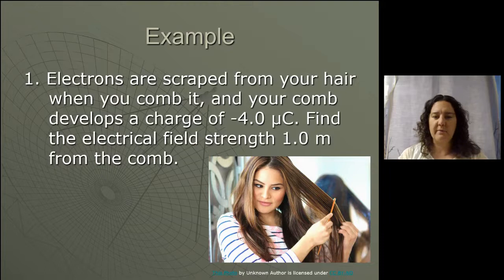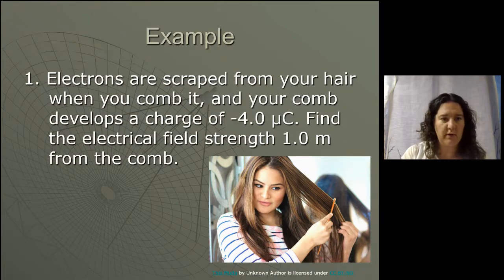So electrons are scraped from your hair when you comb it, and your comb develops a charge of -4 microcoulombs. Find the electric field strength 1 meter from the comb. So we're going to put in our formula: E equals kQ divided by r squared.